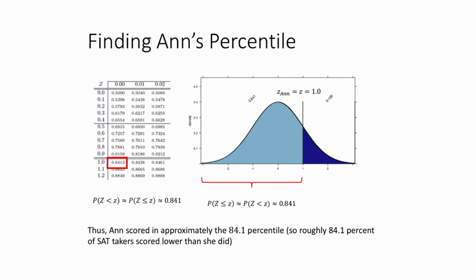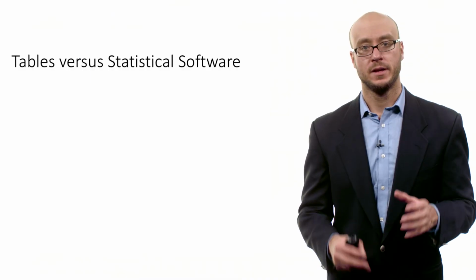The statistical software is going to give you the probability of having a z-score less than or equal to Anne's, but in any practical sense, it's equivalent. So for this course, we're treating these as equivalent, and you can see that Anne's percentile is about 84.1%. So roughly 84.1% of all SAT takers scored lower than she did.